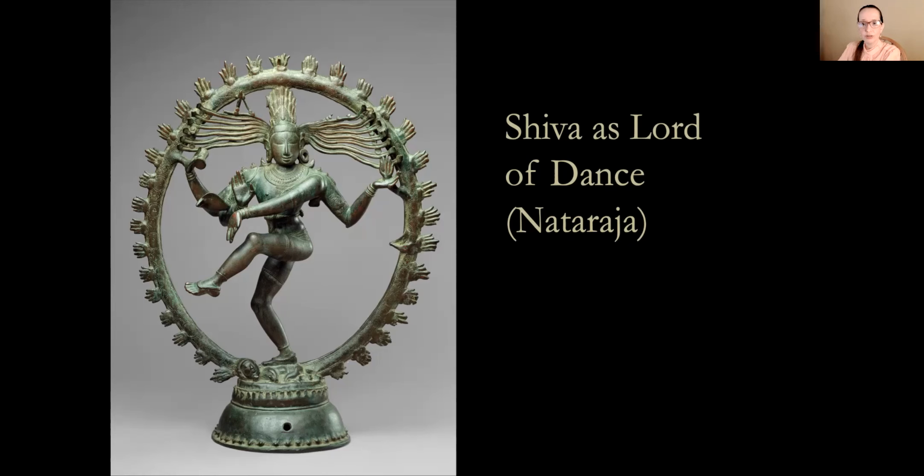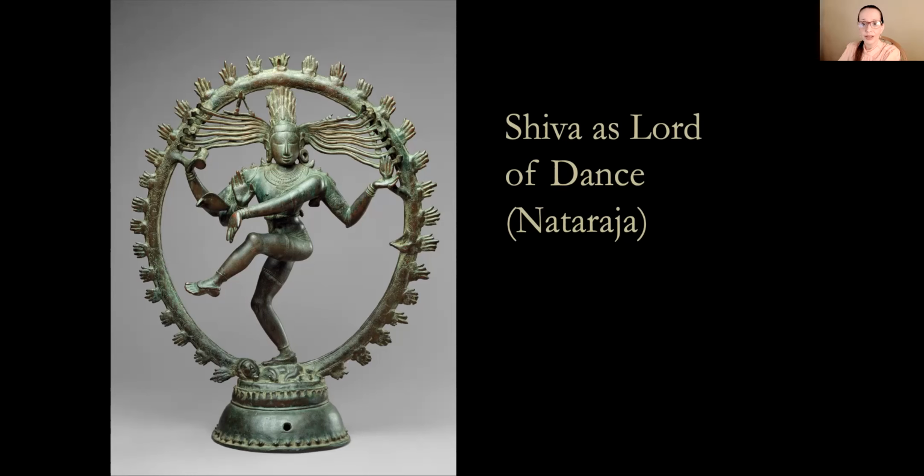So we find Shiva here embodying perfect physical qualities, and he is frozen in the moment of his dance within the cosmic circle of fire that is the simultaneous and continuous creation and destruction of the universe.